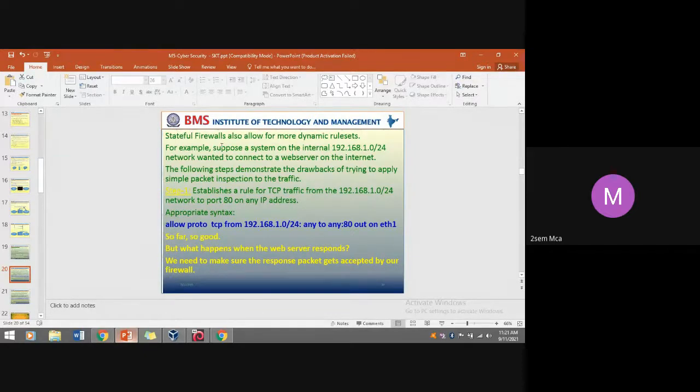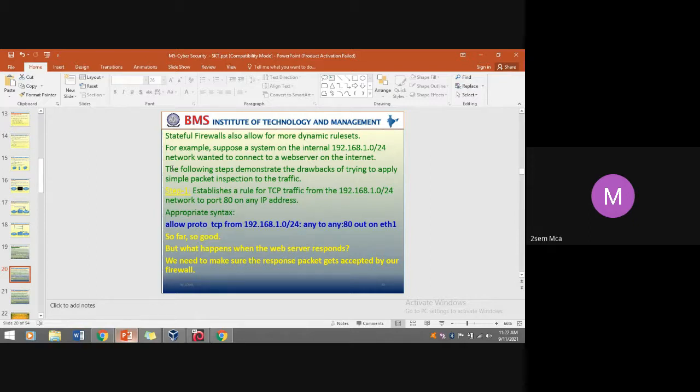So stateful firewalls also allow for a more dynamic rule set. In the case of stateful, because it is not only inspecting the characteristics but also checking the context of the payload carried by the packets, it requires somewhat more dynamic rule sets to work.